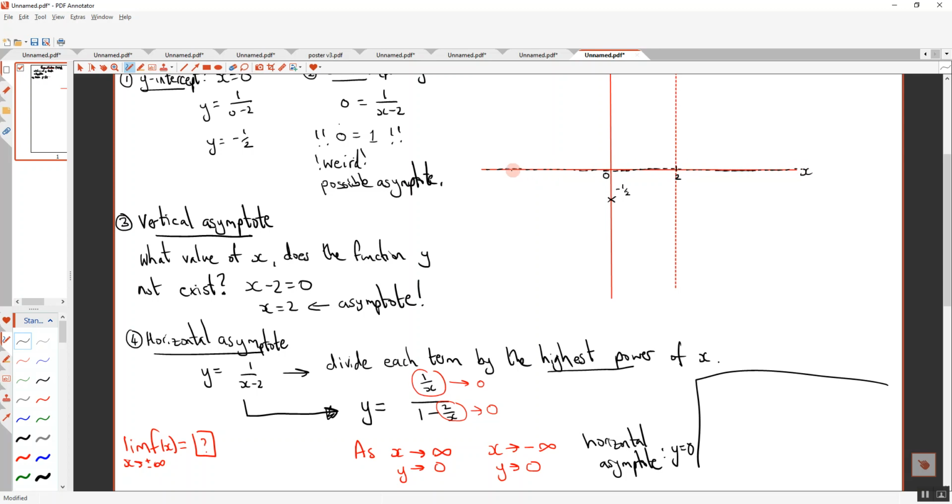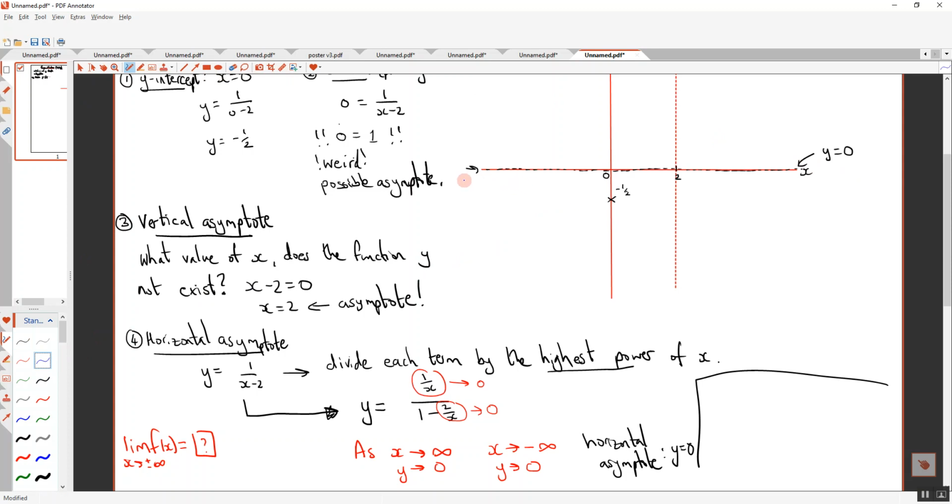That's the line y equals 0. I'll do another example with these horizontal ones because they are a bit funky.